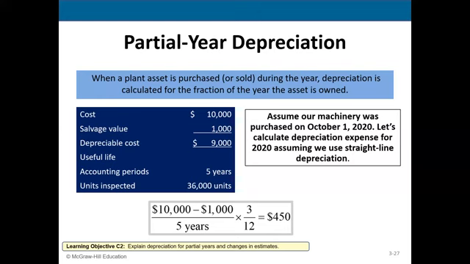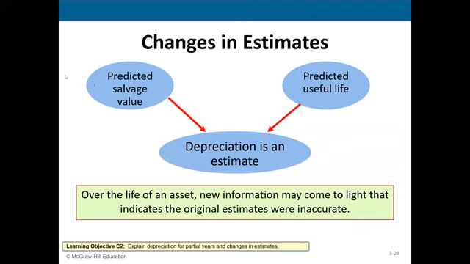That gets me $450 for those 3 months. Make sense? That's how it works. Because in normal operations of business, we purchase fixed assets throughout the year, not just January 1.